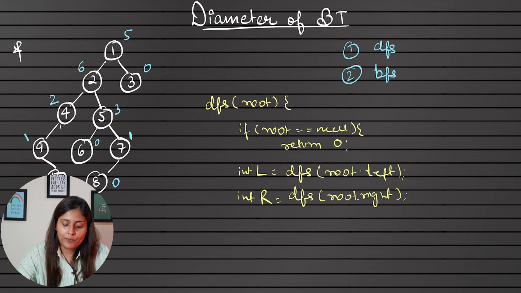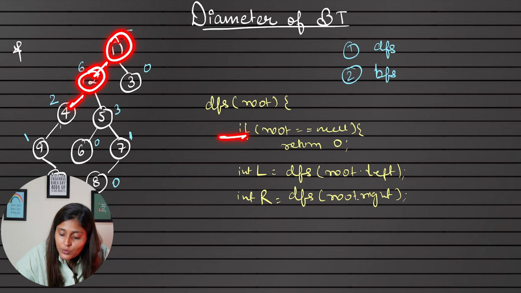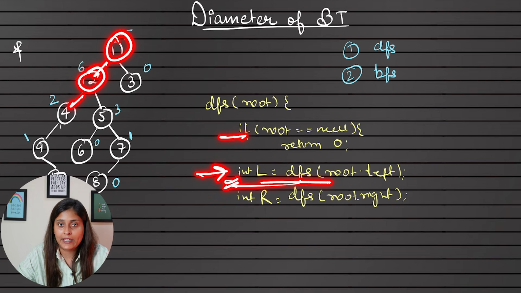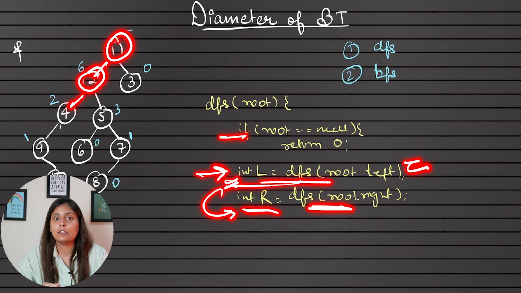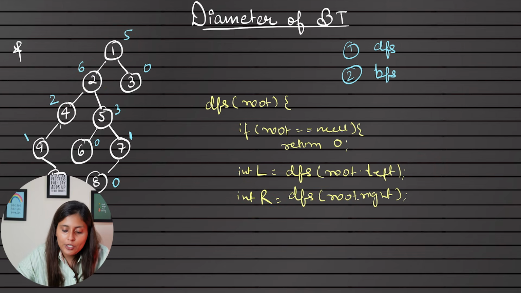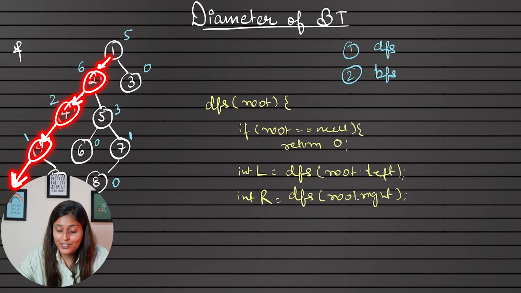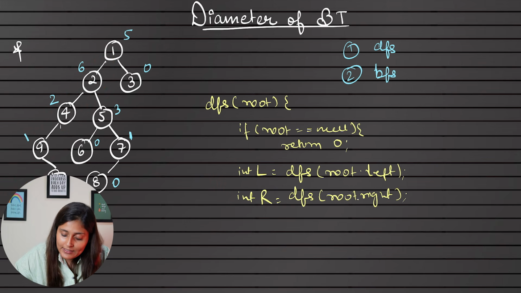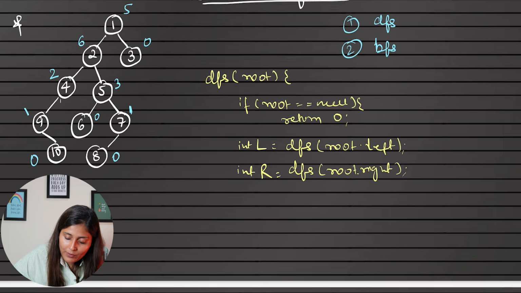Done. Now let's go for 1 left, 2 left. Why? Because you are just following the same first case. You will not go to the second line of code until this function has returned, correct. So 1 dot left is 2, 2 dot left is 4, 4 dot left is 9, now see 9 dot left. So let's make the stack calls also one by one together.